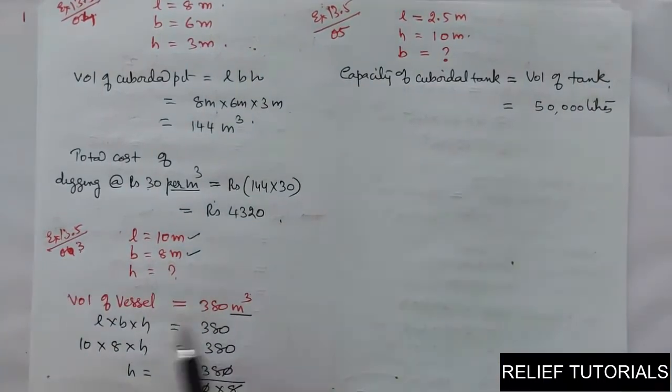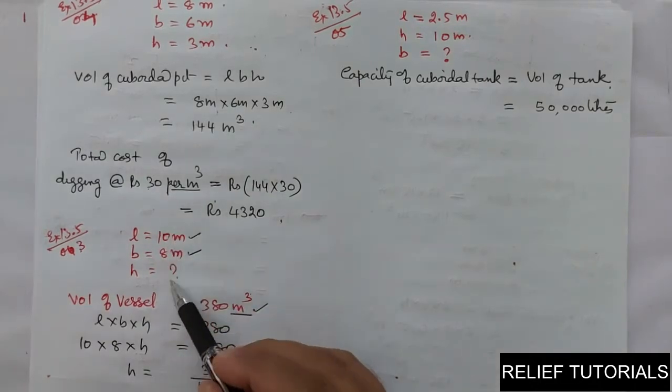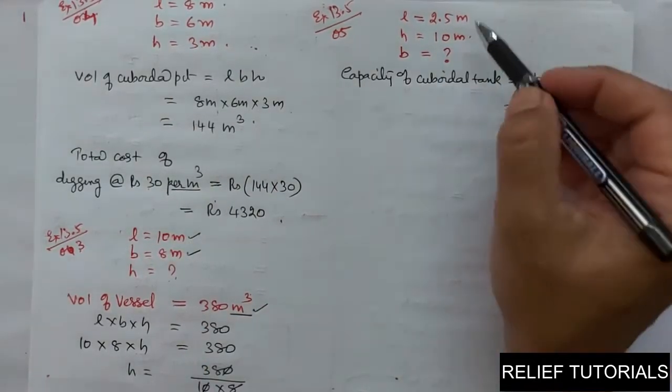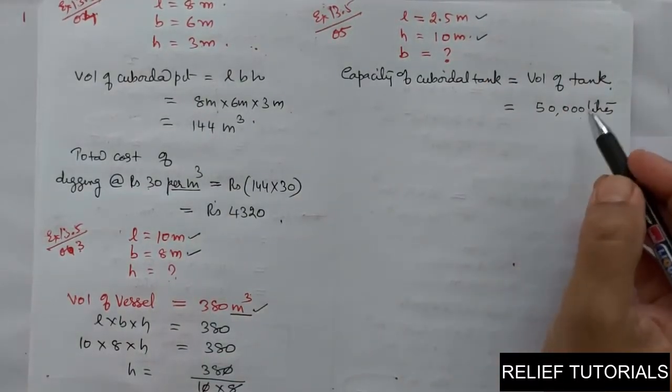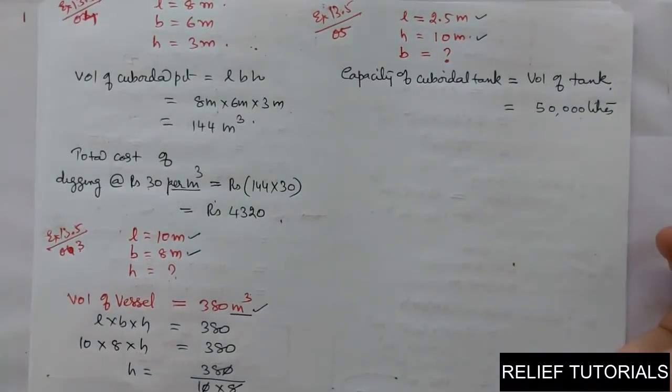But here you see, in the earlier case volume was given in meter cube and length, breadth and height were also in meter. But here volume is given in liter, whereas these dimensions are in meter. Volume is in liter, so it is necessary to convert this liter into meter cube.